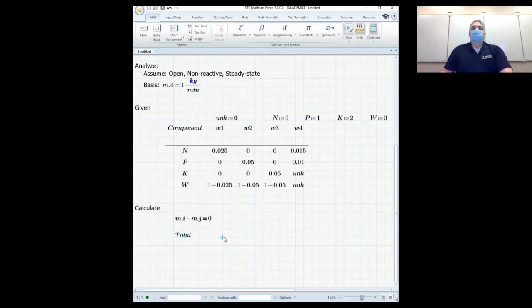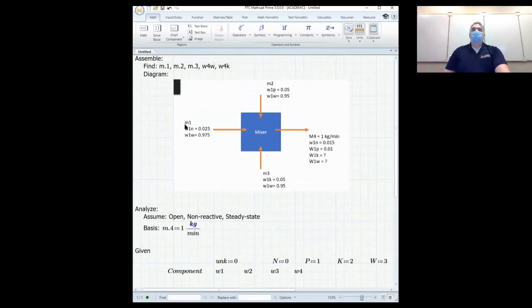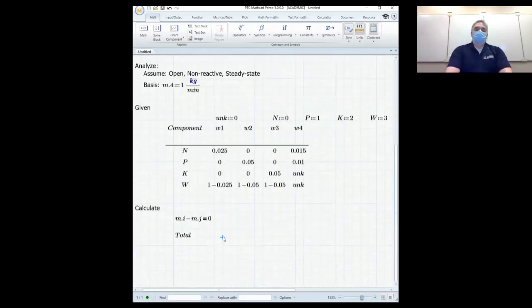The total equation, if you look at the chart, is M1 plus M2 plus M3, the sum of the ins, and then minus M dot 4, that's the sum of the outs, has all got to be equal to 0, the total mass.